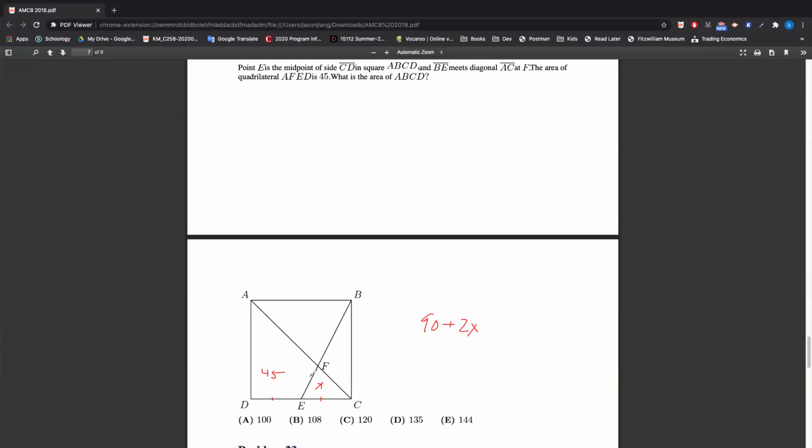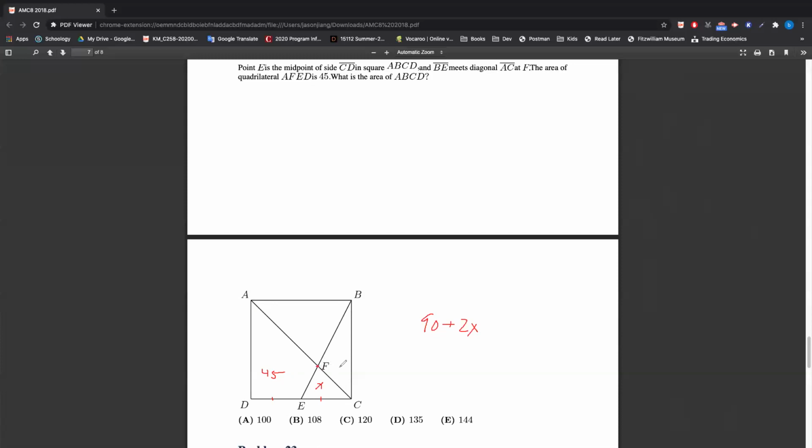And now if we look at these triangles FEC and FAB, we know that AB is twice of EC. So that means that they're similar triangles. Again, we have FAB and FCE. These are similar triangles again.